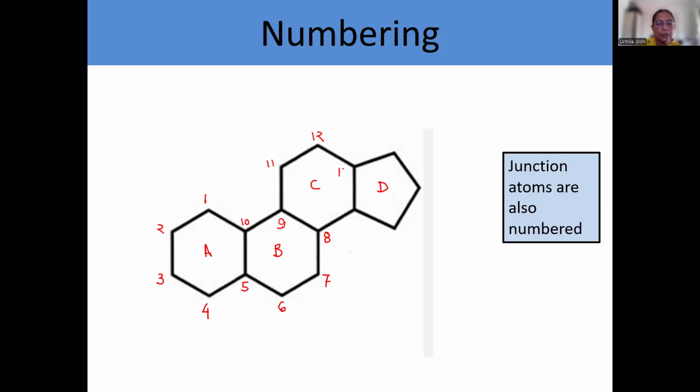So go to the junction carbons 13, 14, 15, 16, and 17. I repeat, first you complete the A and B rings together. Then you go to the C ring, complete the rest of the numbering of the C ring, and then go to the D ring. Remember, junction carbons are also numbered.